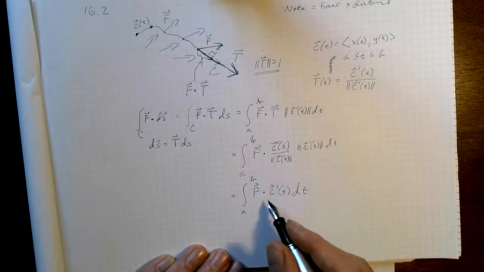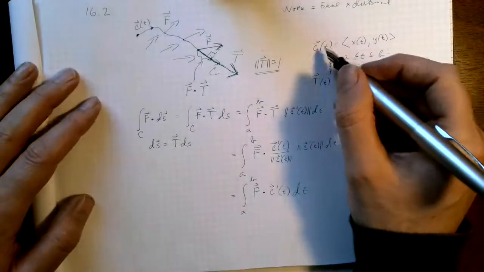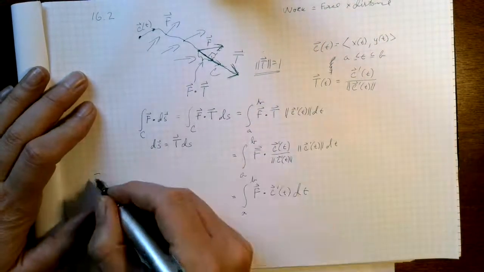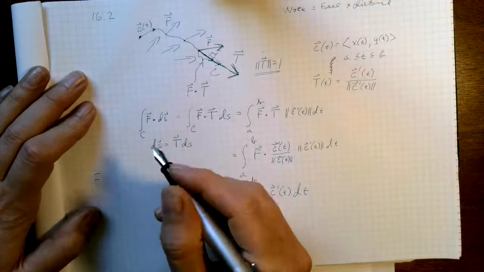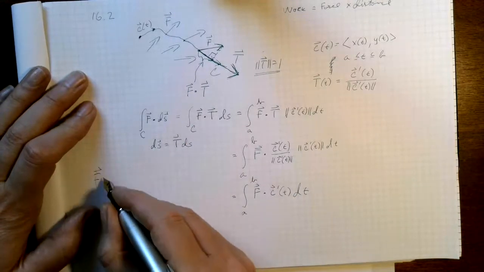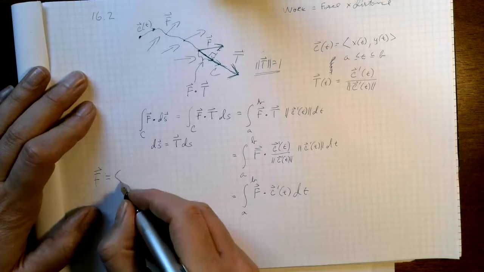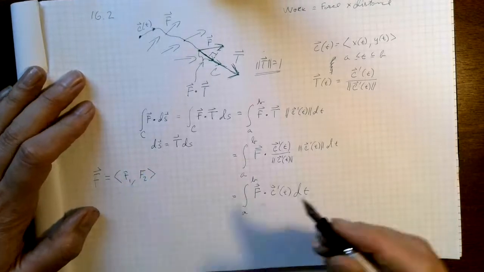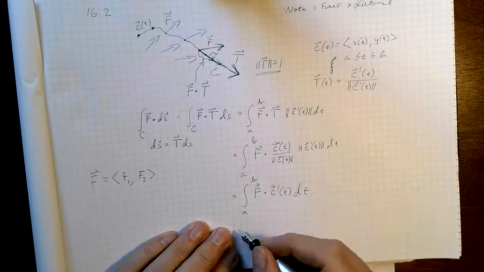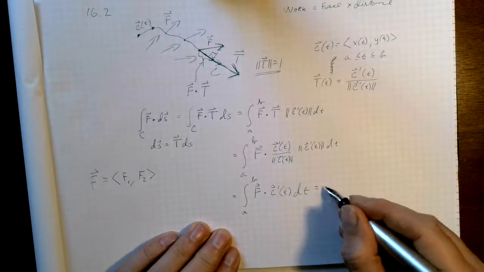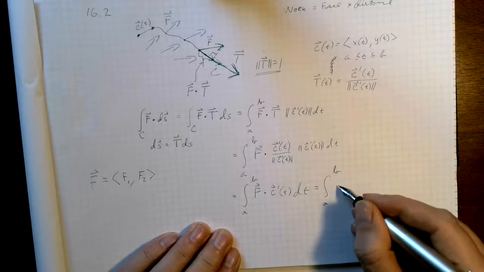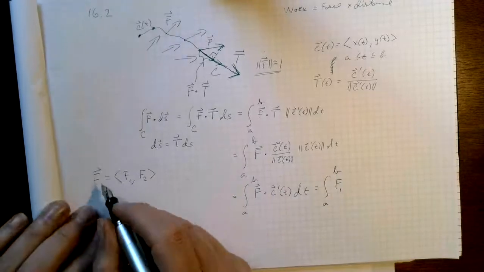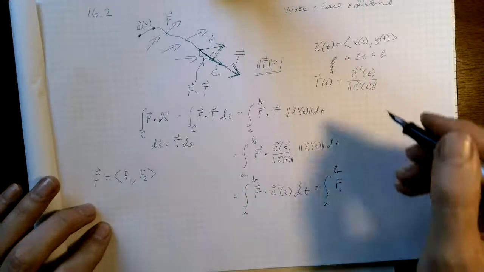Now, what is this? Since I wrote this in coordinates, let me write f, and let's suppose we're just in the plane again, right? So f has two components, f1 and f2, and so what this thing is, f1, now this is a function of x and y, right?